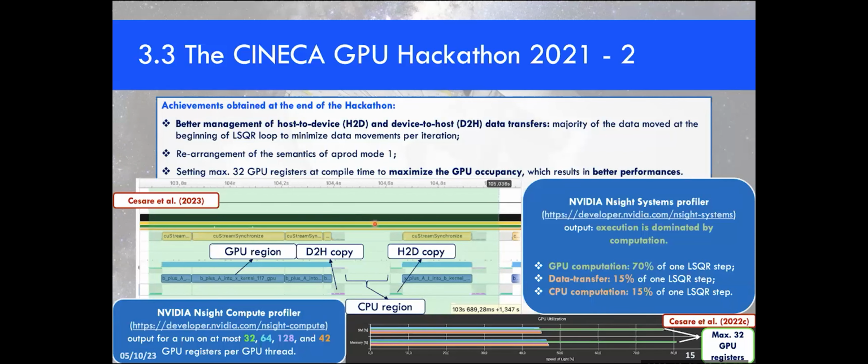Again, in this figure, we can see the NVIDIA Nsight Systems profiler, where we can see that the GPU regions are now very dominant with respect to the data copy regions. Specifically, the GPU computation represents 70% of one LSQR step, whereas the data transfers reduce to 15%.